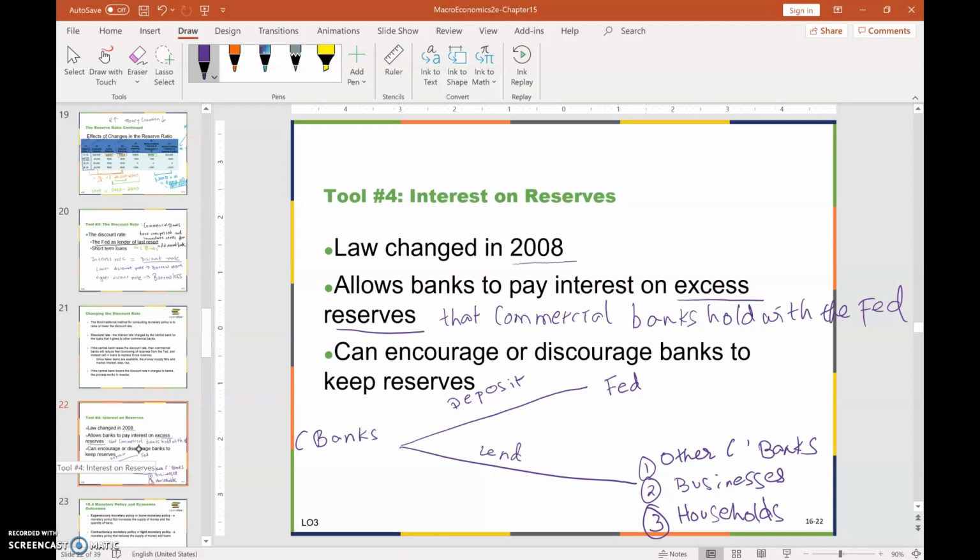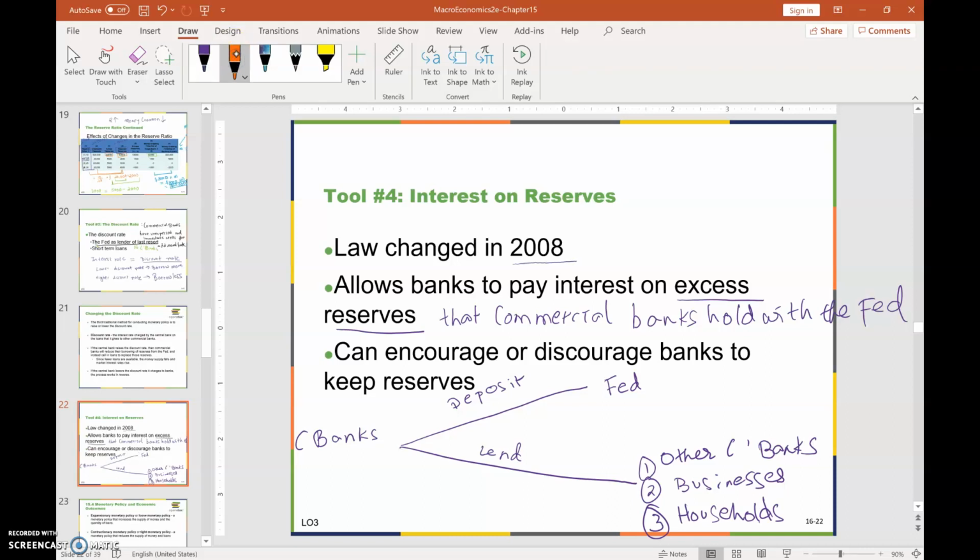The commercial banks can either deposit its funds with the Federal Reserve Bank, or the commercial banks can lend out money to other commercial banks, businesses, or households. So what will the commercial banks do if it has these two options? Depends on whoever is paying the commercial bank a higher interest rate.